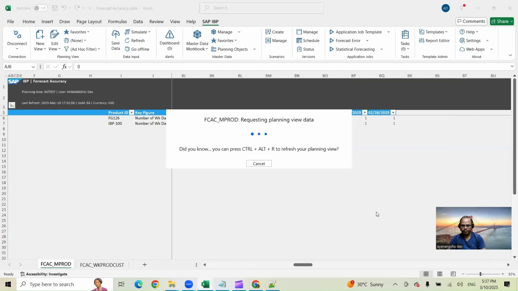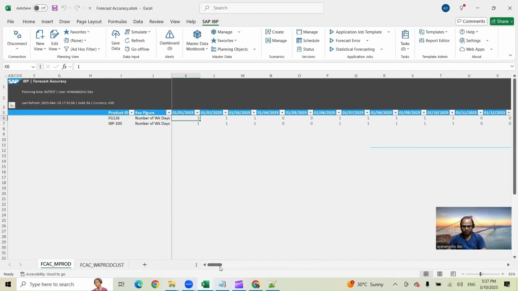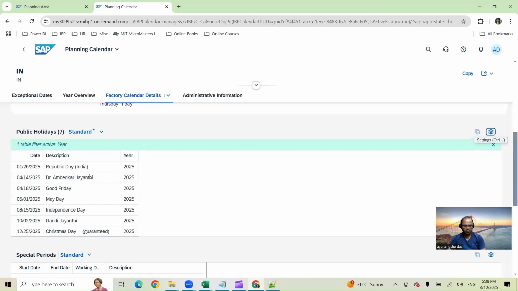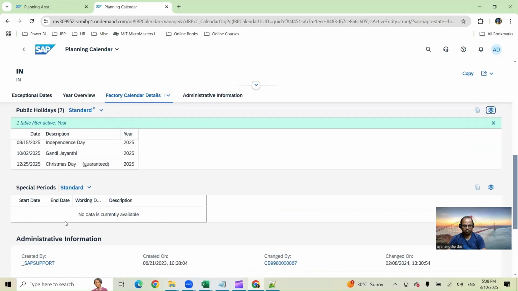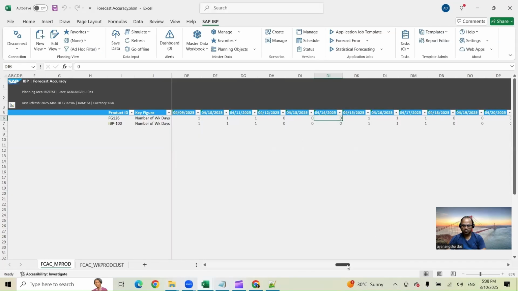Okay. So 14th of April. 12th and 13th were Saturday and Sunday, and it didn't consider 14th because 14th was a public holiday in India, according to the India calendar. So that's how it is calculating whether it is a working day or not.